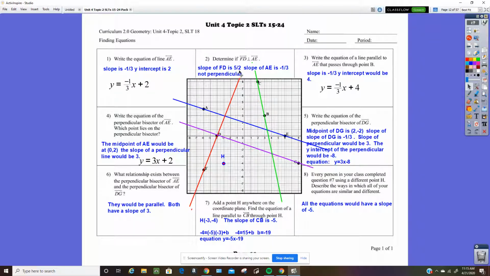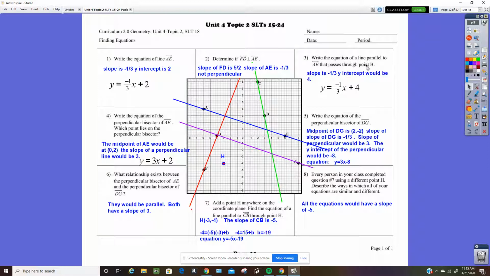For those to be perpendicular, they would have to be negative reciprocals. So it would be 5/2 and negative 2/5, or negative 1/3 and positive 3 would be perpendicular, but these are not negative reciprocals, so they're not perpendicular.